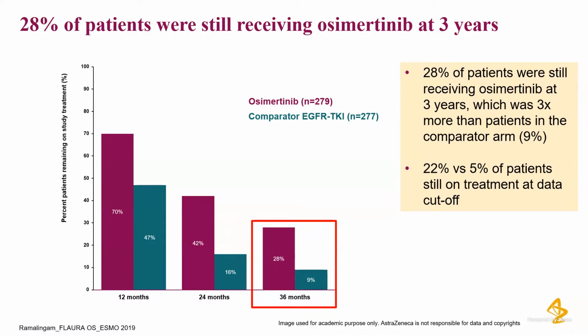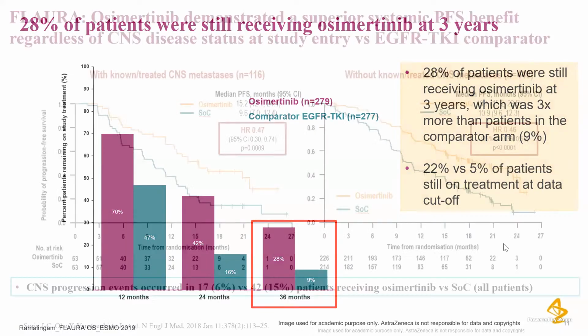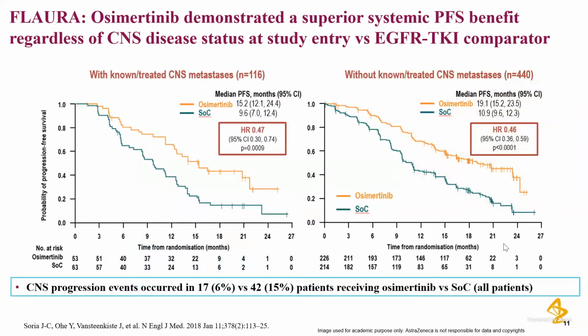So 28% of the patients were still receiving osimertinib at 3 years, which was 3 times more than the patients in the comparator arm, which was 9%, and 22% versus 5% of the patients were still on treatment at data cutoff. So even after the data cutoff, 22% of the patients are still ongoing on treatment with osimertinib.